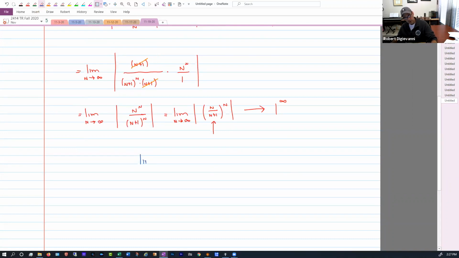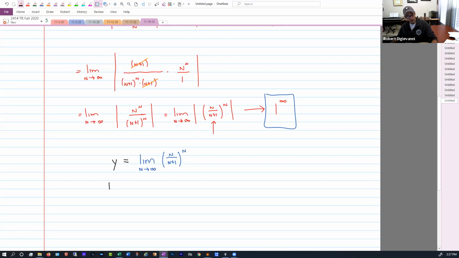Here's what we're focusing our attention on right now. I'm gonna take the absolute value away. Does everyone understand why? This is positive no matter what, so the absolute value really doesn't matter. Anytime we get a limit that looks like 1 to the infinity, what we do is we call the limit something like y.